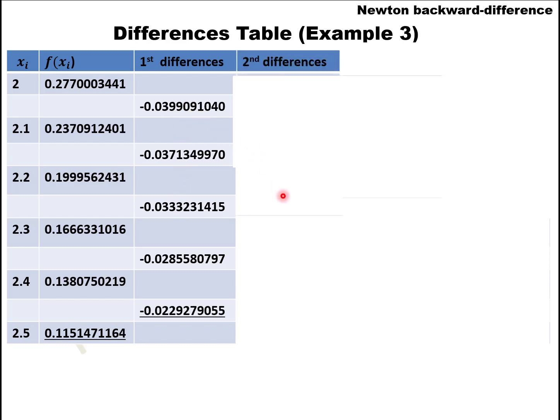Now let's go to the second differences. The second difference is this value minus this value, equal to nabla of f of x2, delta f of x naught.